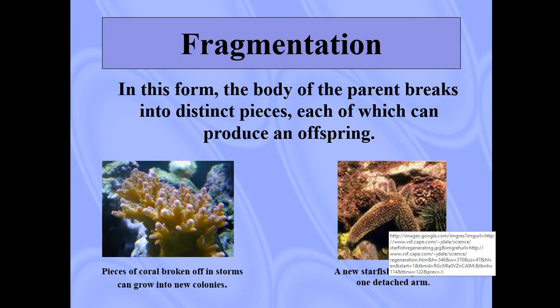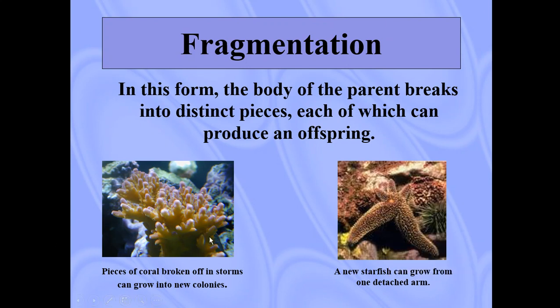Okay, so tignan natin. Kung makikita nyo, this is notable in mga marine organisms like starfish, like corals. Okay, so ito, pieces of coral broken off in the storms, halimbawa bumagyo, okay? These pieces will then eventually grow into new colonies.